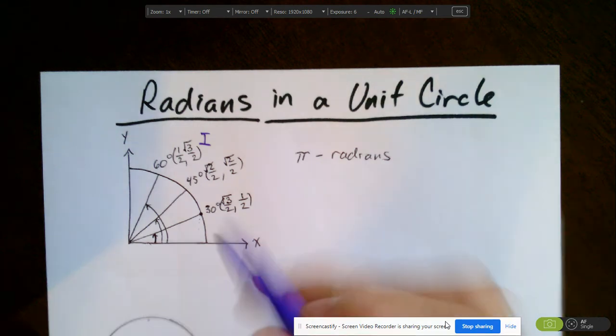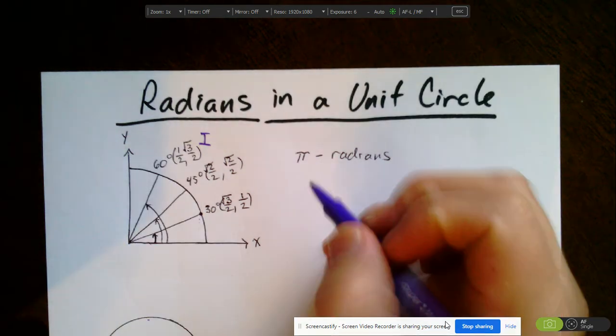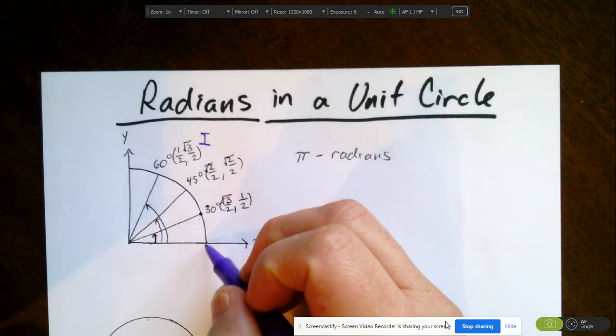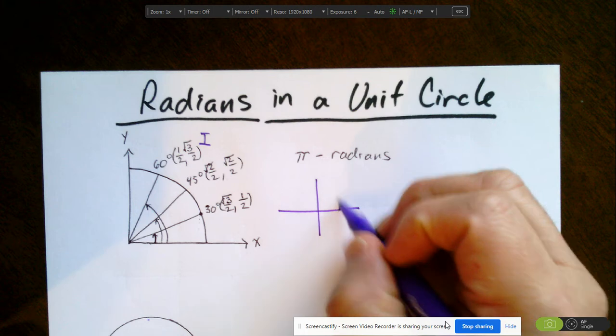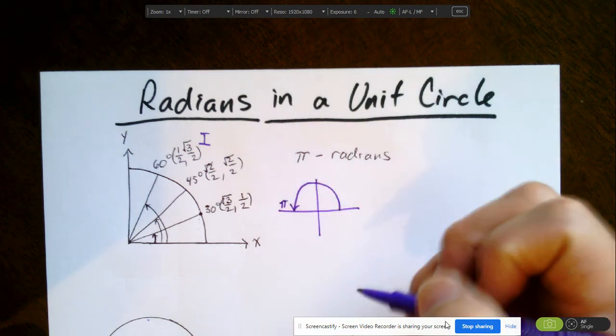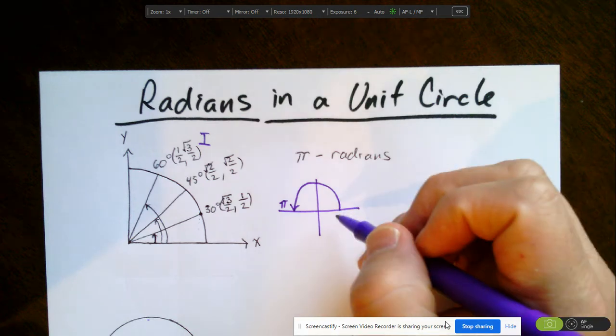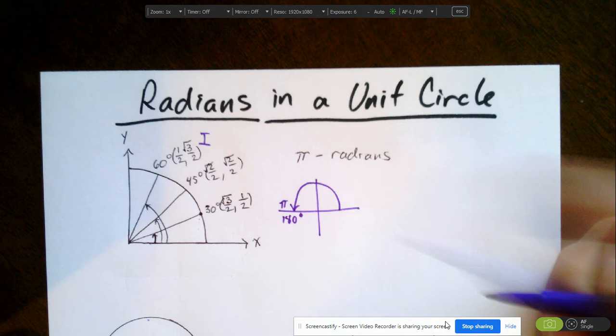But for this lesson, we're interested in the radians, remember, which is just the distance around the circle. So if you remember in the previous video, half of the circle was pi radians. But if we want to look at it in degrees, it'll be 180 degrees.